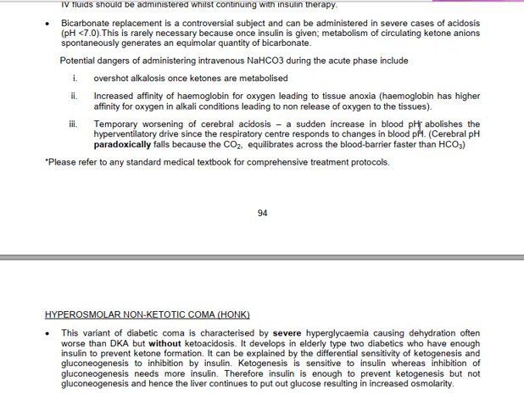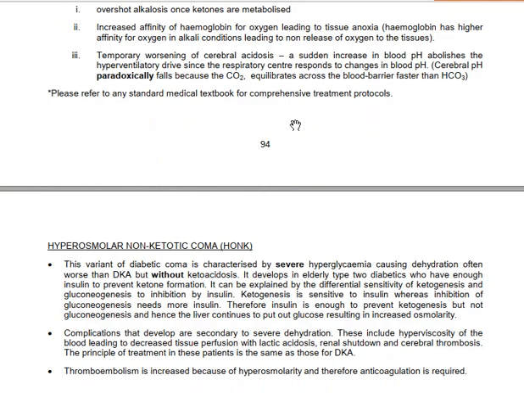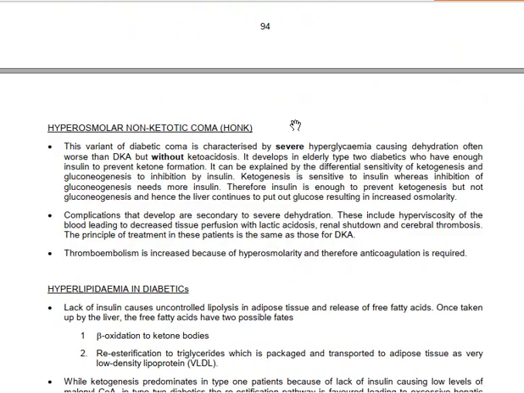Now in this case, when there is an abrupt change in the pH of the blood, there's going to be a cerebral paradoxical fall in carbon dioxide. Is it clear? This is going to abruptly stop the breathing and increase hydrogen carbonate in blood. Those are the different things that are going to occur.